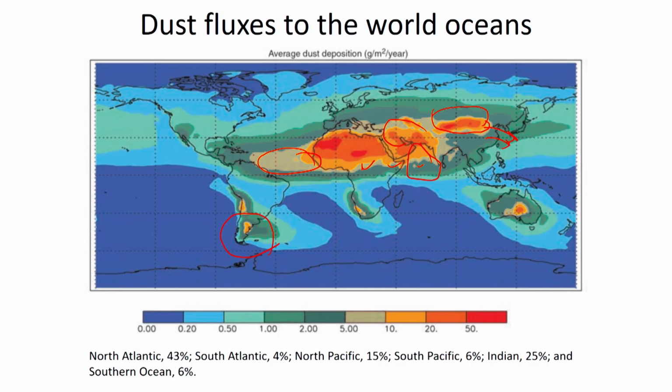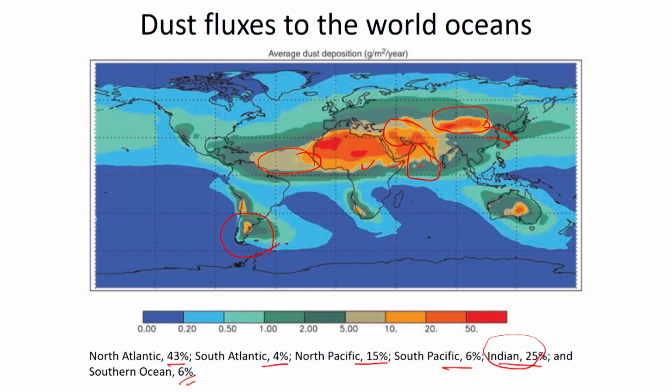And over the North Atlantic Ocean, if you see deposition fluxes, about 43% deposition happens in the North Atlantic Ocean, then South Atlantic about 4%, North Pacific about 15%, South Pacific about 6%. The Indian Ocean receives a huge amount of dust, about 25%, and then the Southern Ocean a little less, about 6%.